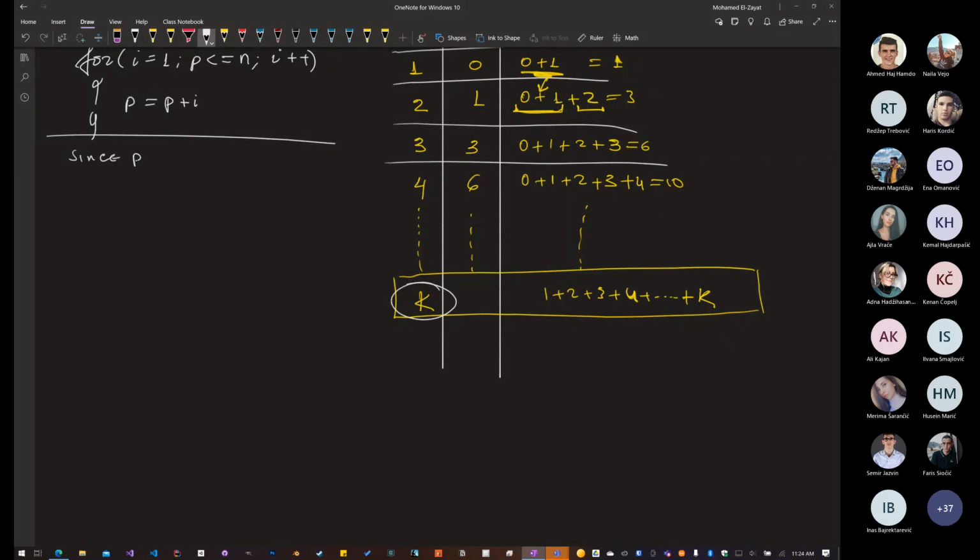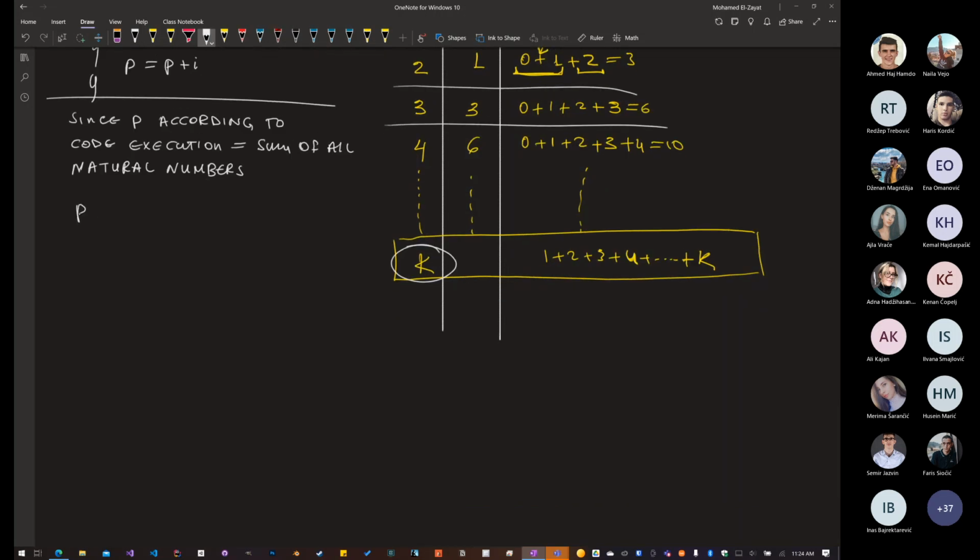Since p, according to code execution, equals the sum of all natural numbers, we can say that p equals, and we are running for k times, so p equals k times k plus 1 divided by 2.